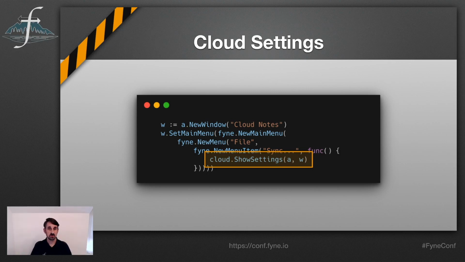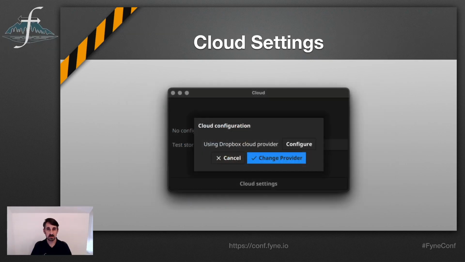That would open a settings dialog for the cloud, and that will look a little bit like this perhaps. The user can choose which cloud provider is going to handle their storage and potentially configure it as well. That's what the API looks like and how we're hoping to deliver it.